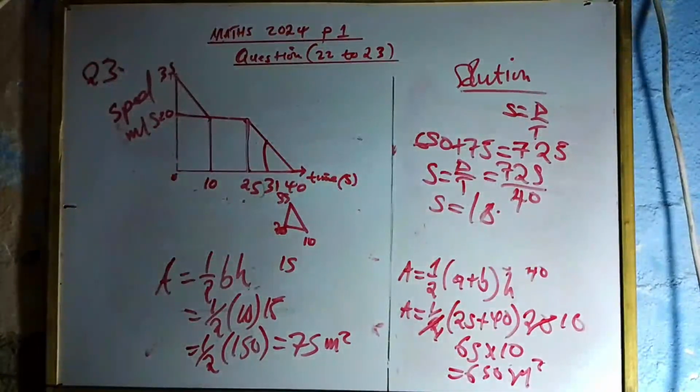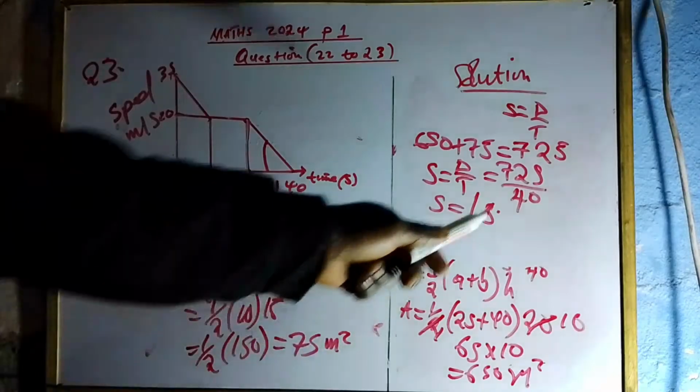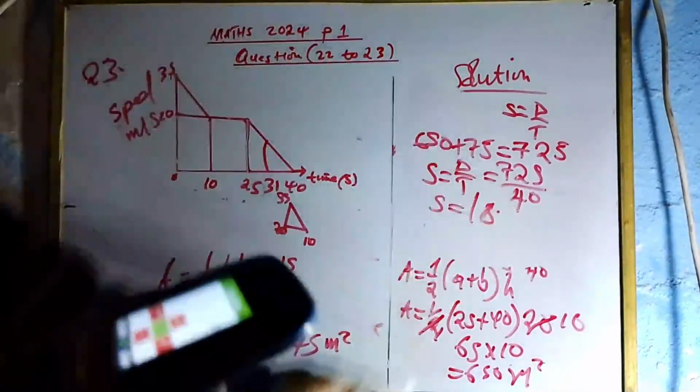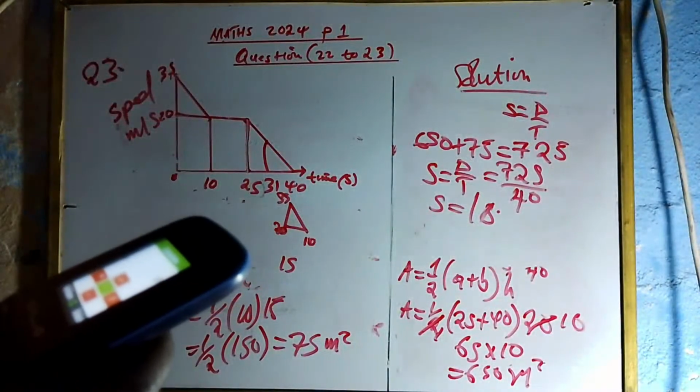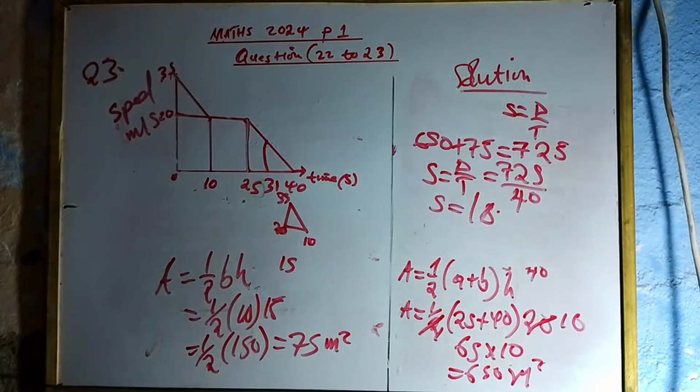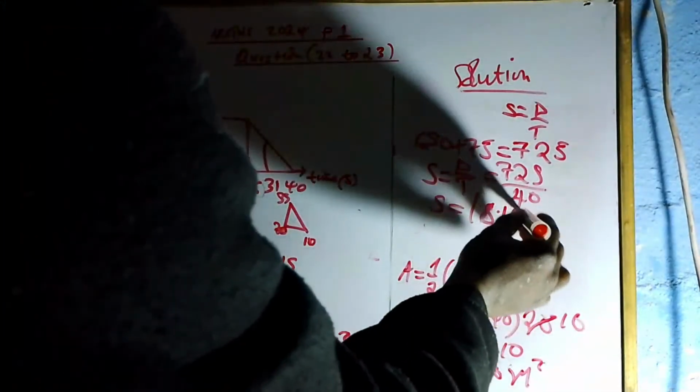Okay, let's just wait, as we'll be finding 725 divided by 40 is equal to 18.125 meters per second.